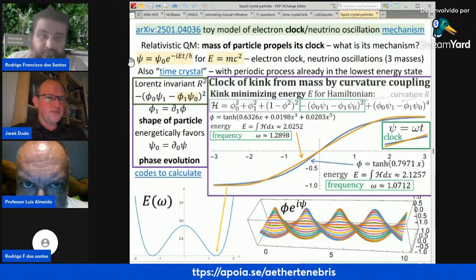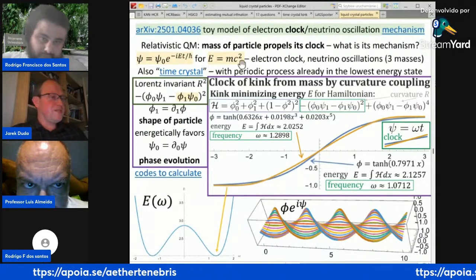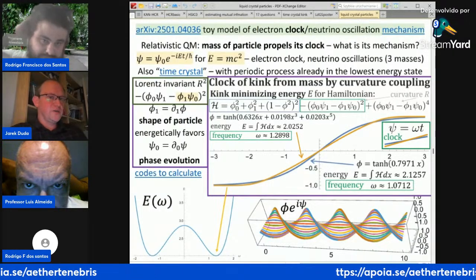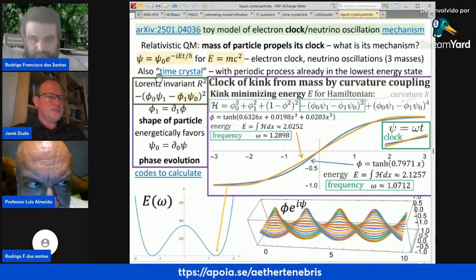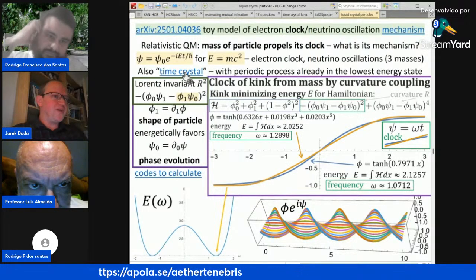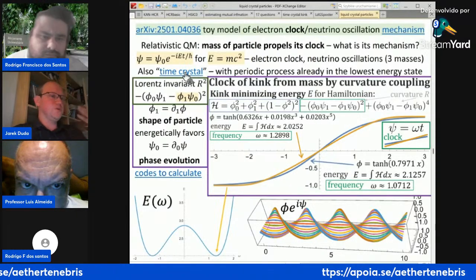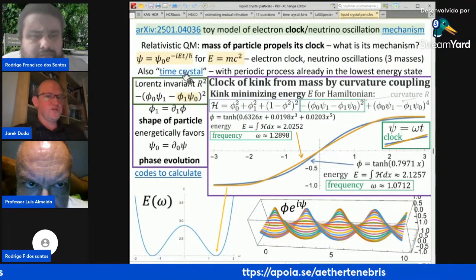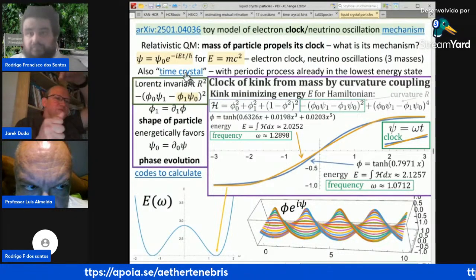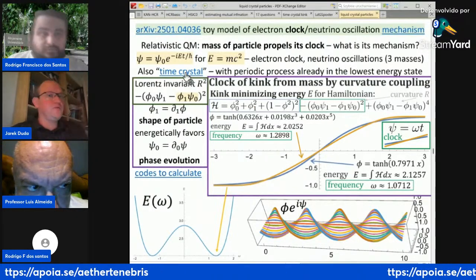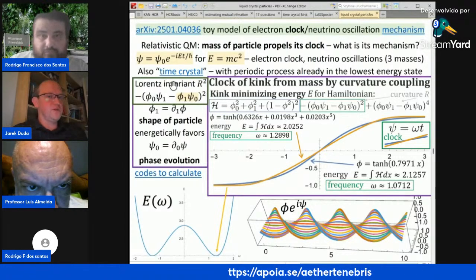If you have this quantum phase evolution as energy, we need to put in the mass. So a resting particle already has oscillations, and it is confirmed for the electron, for example. And there is the recently popular time crystal field, where they search for an object which in its lowest energy already oscillates. A pendulum is not like that, because you can slow it down to zero, but the electron and neutrino satisfy this property. The resting electron and neutrino already oscillate.